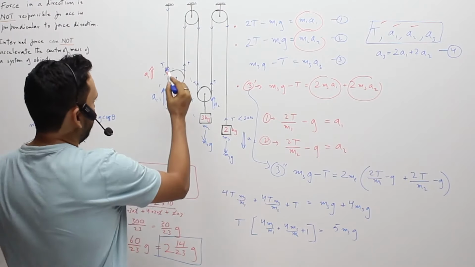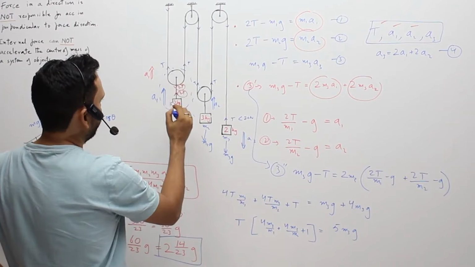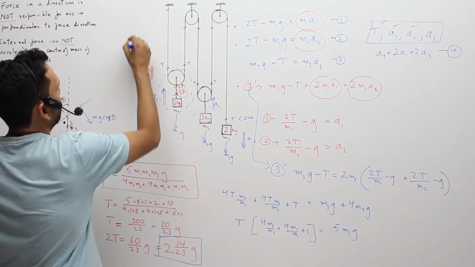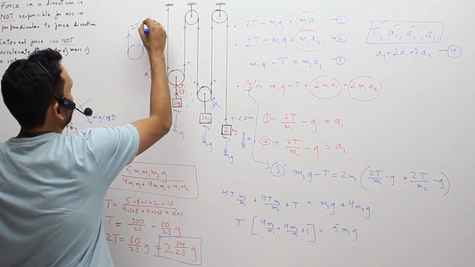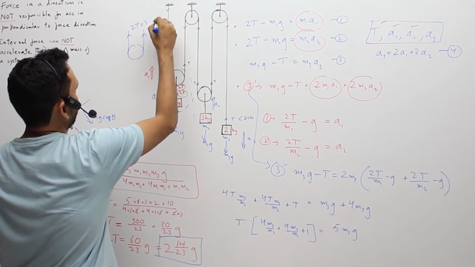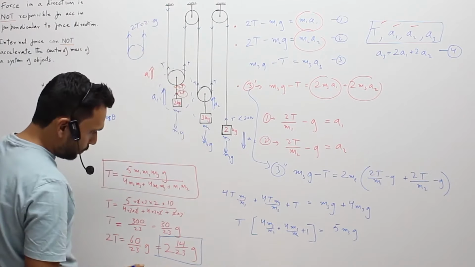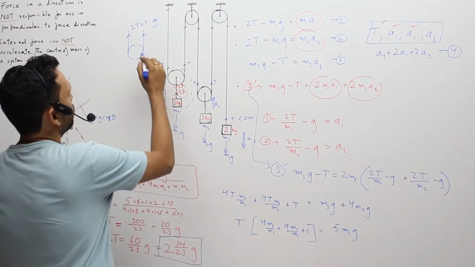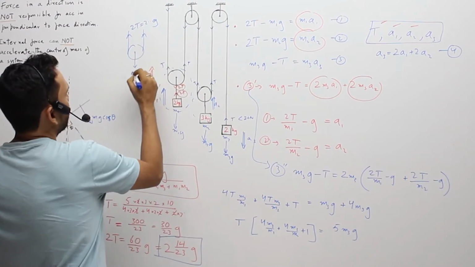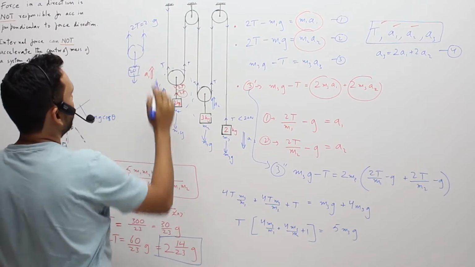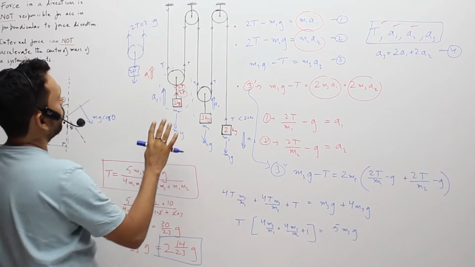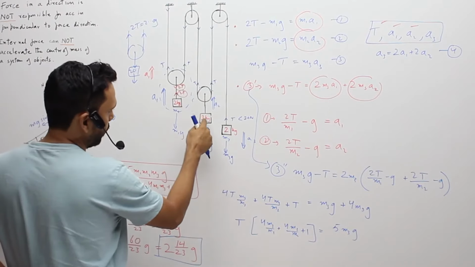It is good enough to pull this 2 kg mass up. The 2T tension, which is 2 point something g, is good enough to pull this 20 Newton weight up, but it is not good enough to pull this mass up.